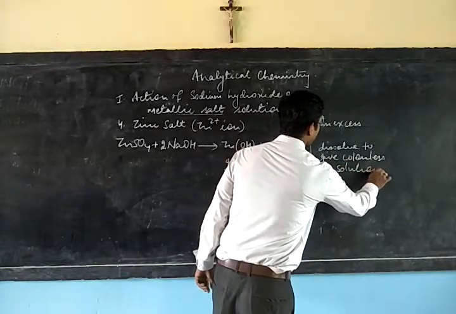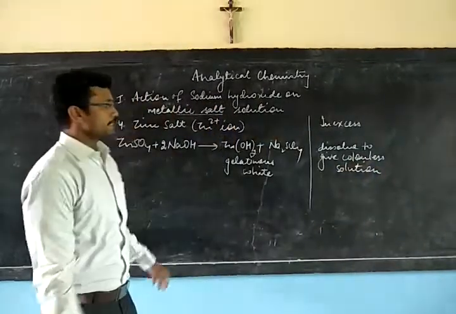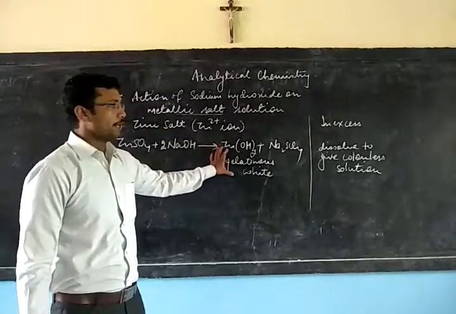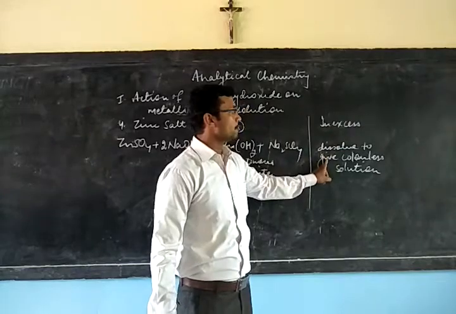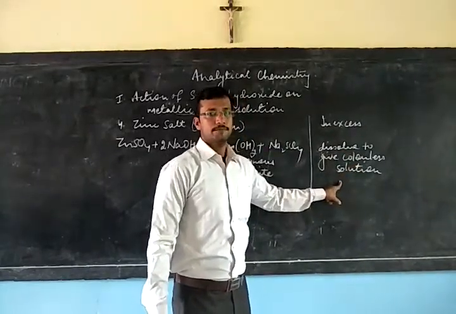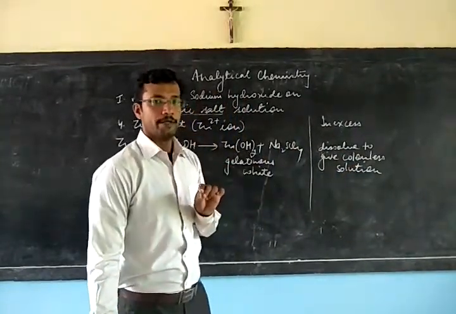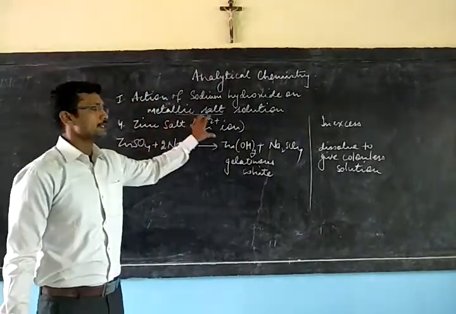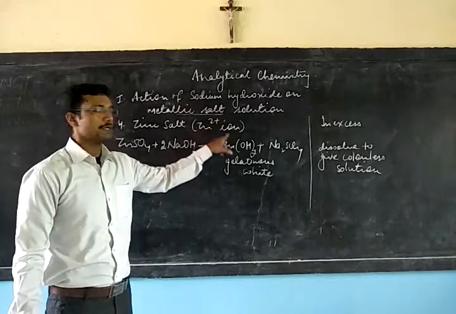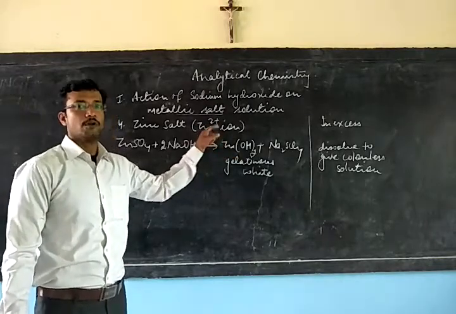You can see this gelatinous white precipitate on addition of excess amount of sodium hydroxide will dissolve to give a colorless solution. And this is the hint where you find that the salt solution contains Zn2+ ion, which is also called zinc ion.